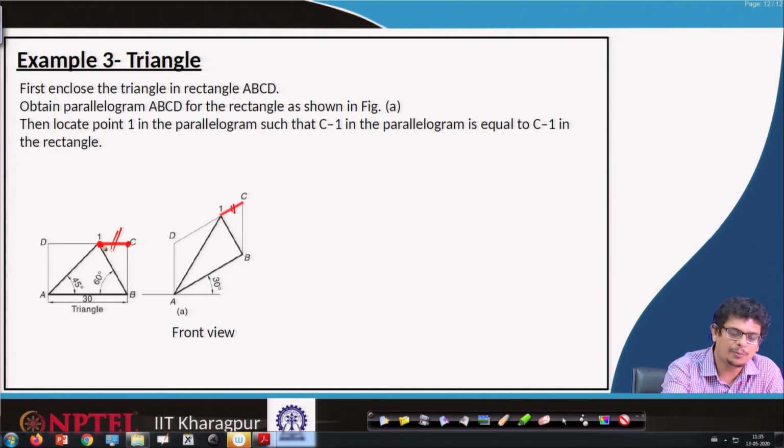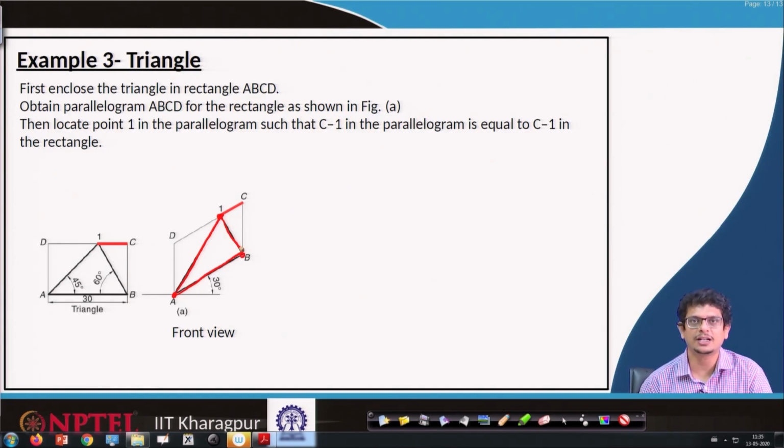So, use your compass or divider, whatever that length, transfer that length to here, then call that point 1. Once we know one point, and A, B points are known, we can join them. This is the way we can construct the isometric view.